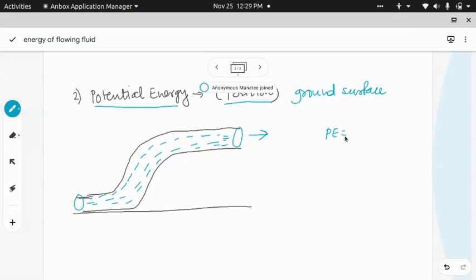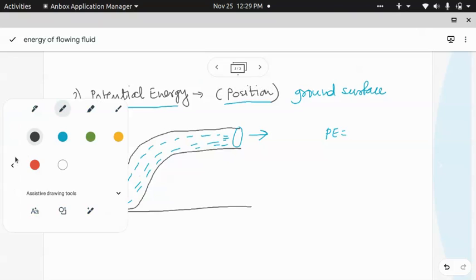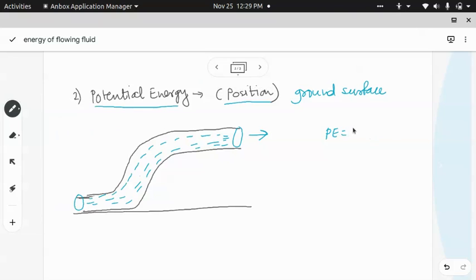Who can tell me the expression for potential energy? Anyone? Yes, very nice. M into G into H, where M is the mass of that particular liquid, G is the acceleration due to gravity, and H is the height of that liquid from the ground surface.